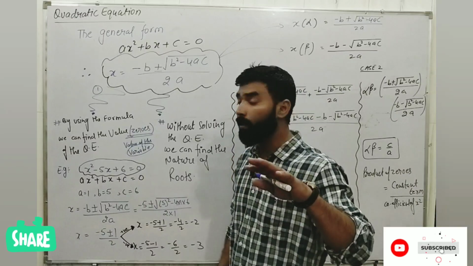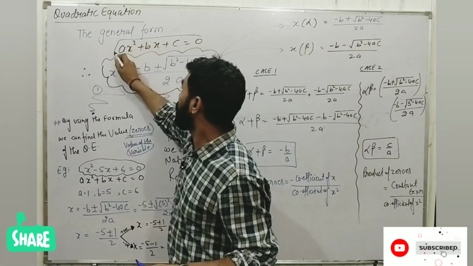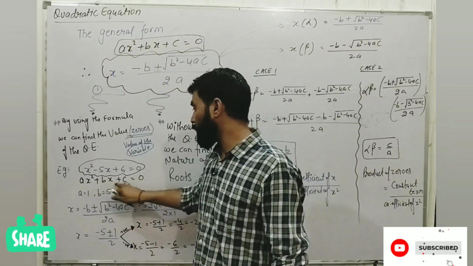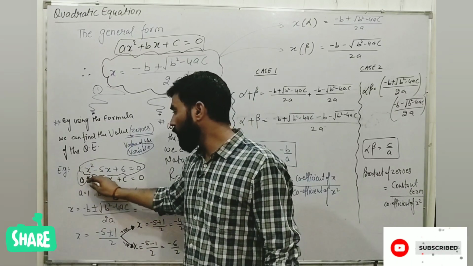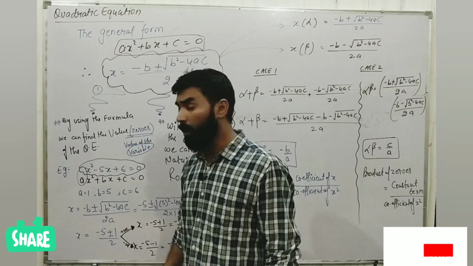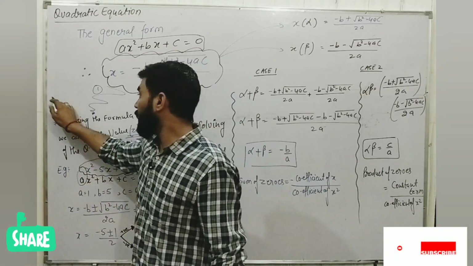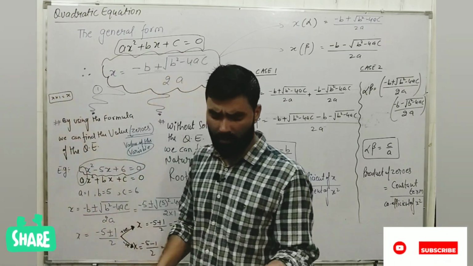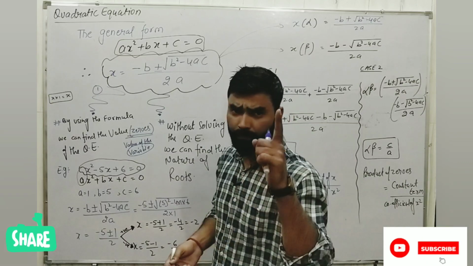Now we compare it with the general form of the quadratic equation, which is ax square plus bx plus c is equal to 0. If you compare, the value of a is 1. Now you can ask, sir, why 1? Because something multiplied by 1 is always the same thing. So if there is no coefficient of x square, we always assume 1.